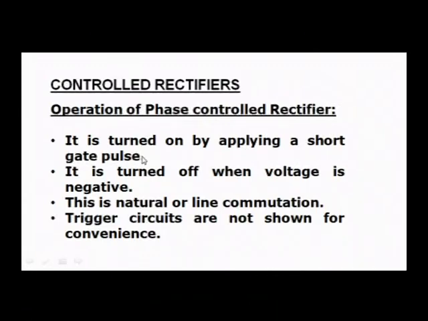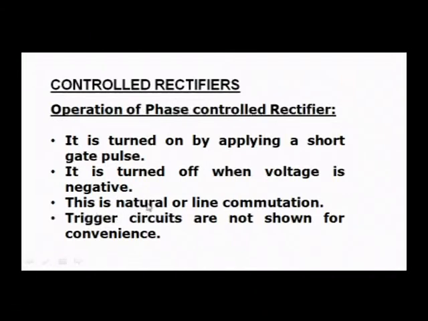So, pulse gate triggering is the methodology, and it is turned off when the voltage is negative. The moment the voltage passes through its negative half cycle, the SCR becomes reverse biased. So, once the SCR is reverse biased, it automatically switches off.